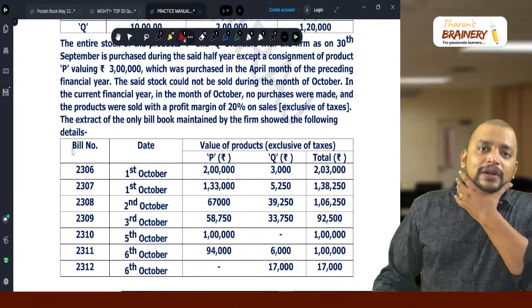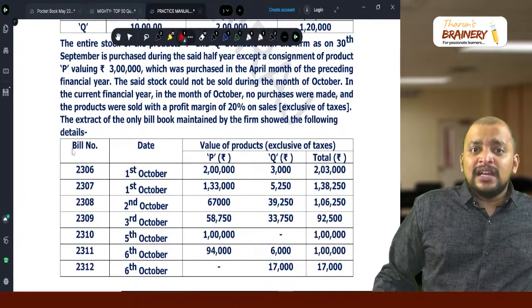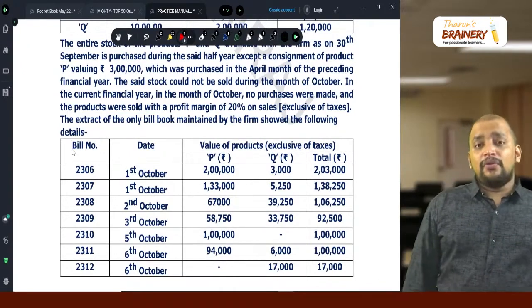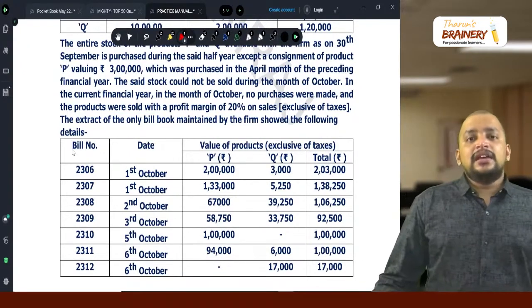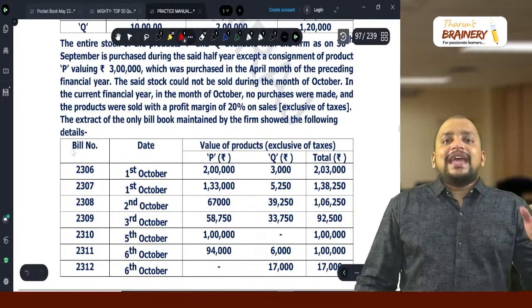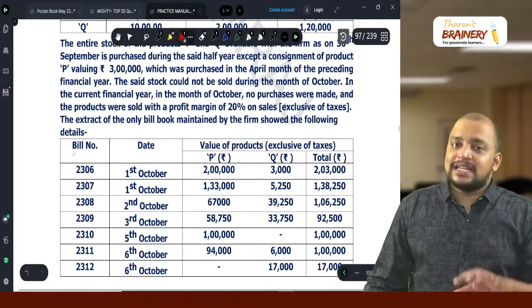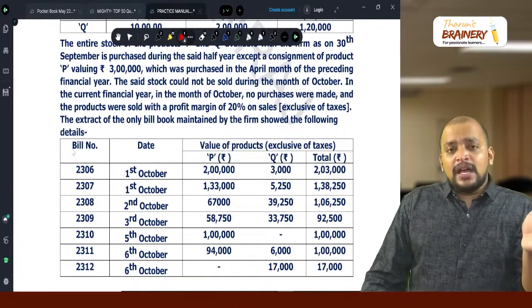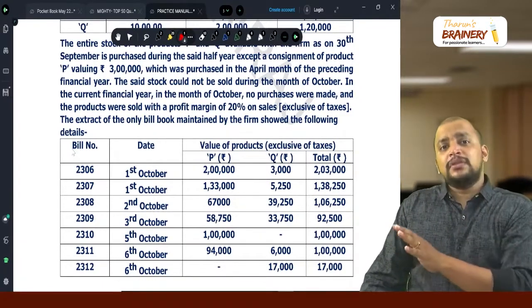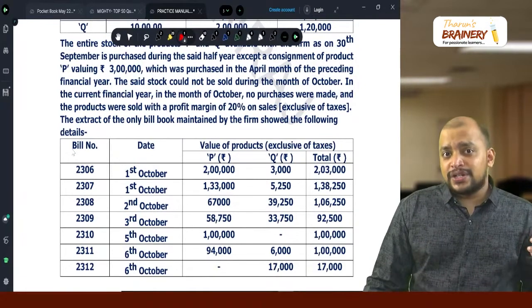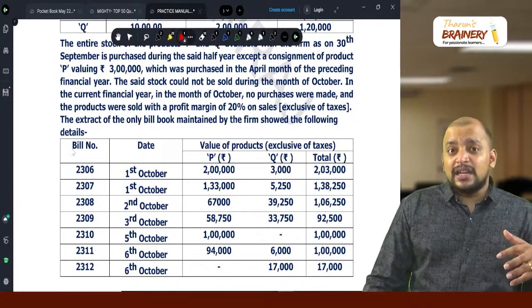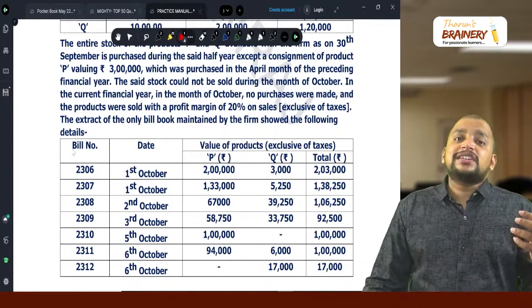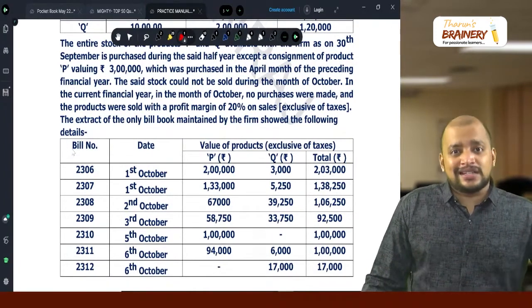Now we need to know exactly on which date they are coming out of the composition scheme and going into the normal scheme. Why do we need to know this? There is Section 18(1)(c). What does it say? If you are under the composition scheme and you are going into the normal scheme, then the GST paid on purchases made while you were in the composition scheme would not have been taken as credit.